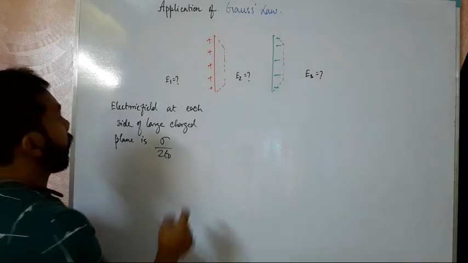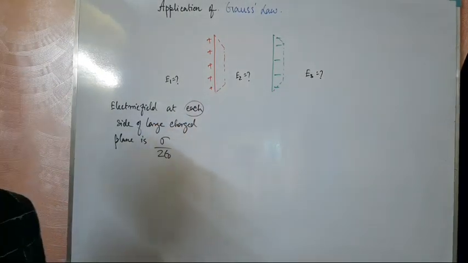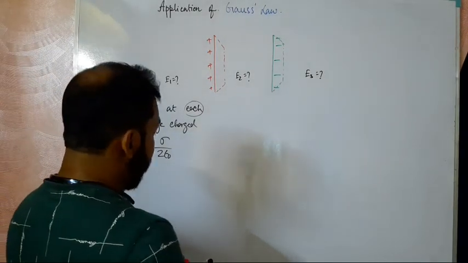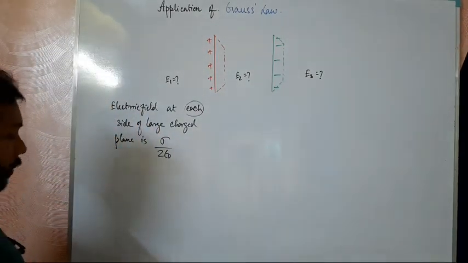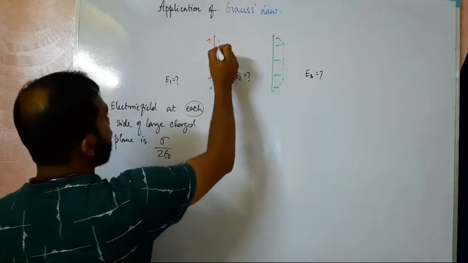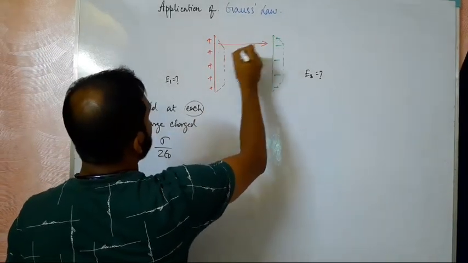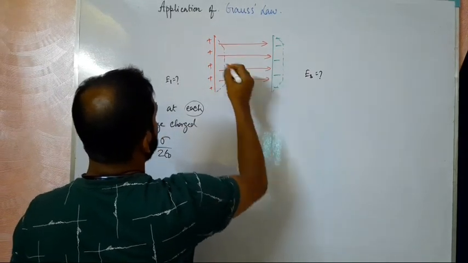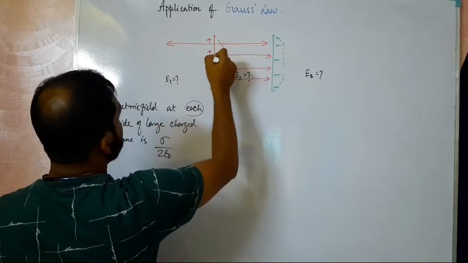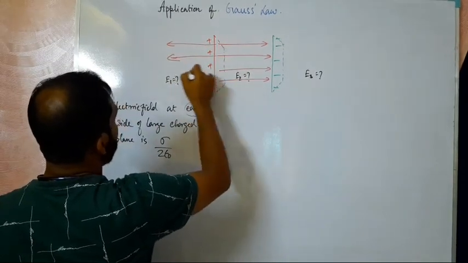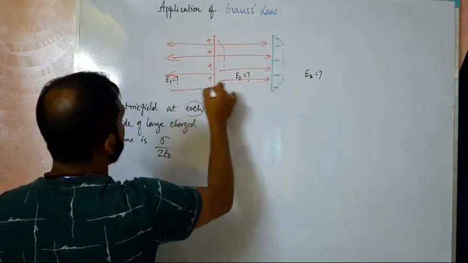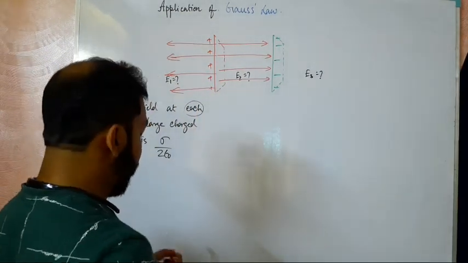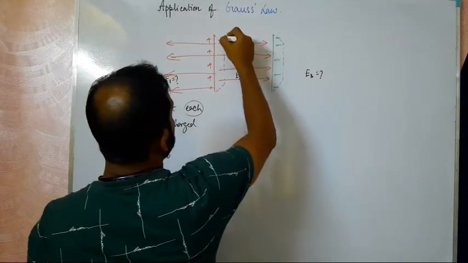Remember, it is for one side only. So let us draw the field lines. For the positive plate, field lines will be directed outward from it. Always field lines are directed outward from positive plates. For the negative plates, field lines are inward.